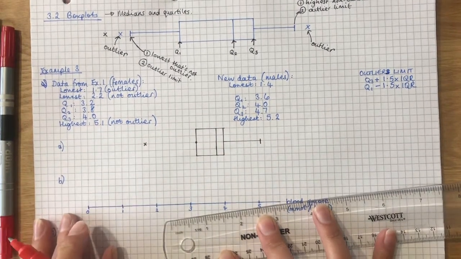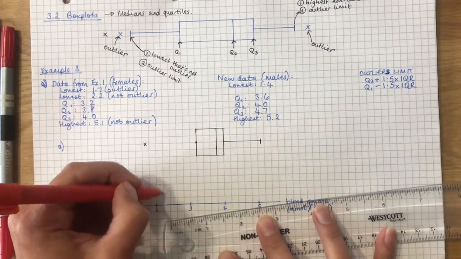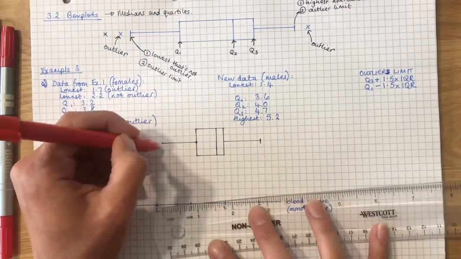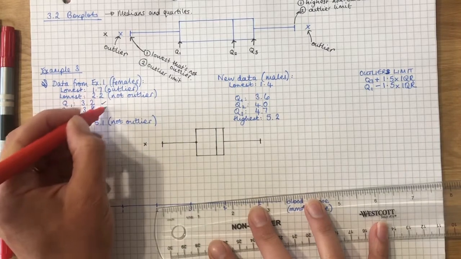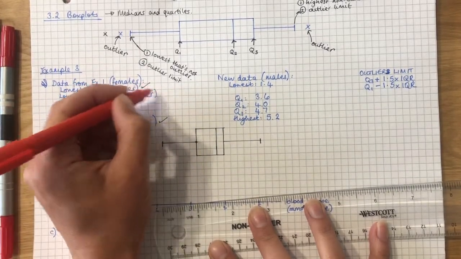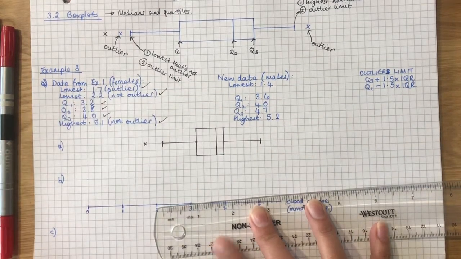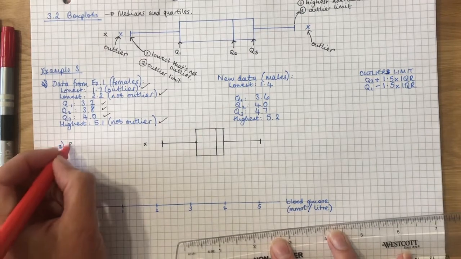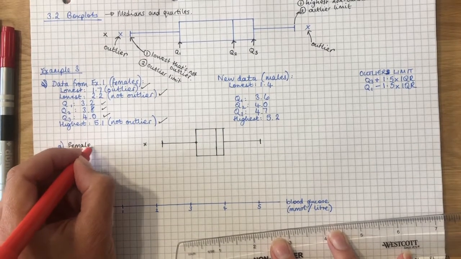The next one, the next lowest that wasn't an outlier, was 2.2. So that's where our lower whisker stops. So we've done the quartiles, we've done our upper value, not an outlier, our lower outlier, and our whisker goes down to the first one at the lower end that was not an outlier. So this is the graph for females.